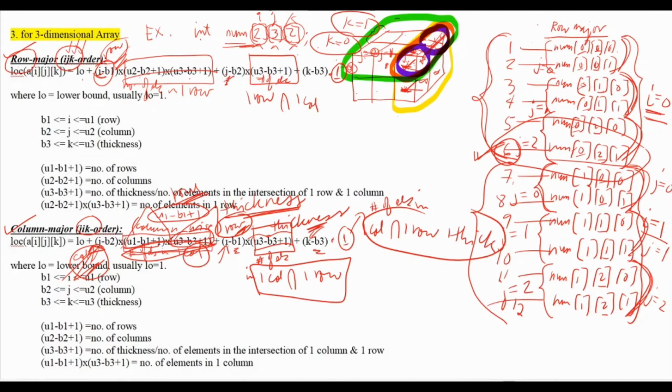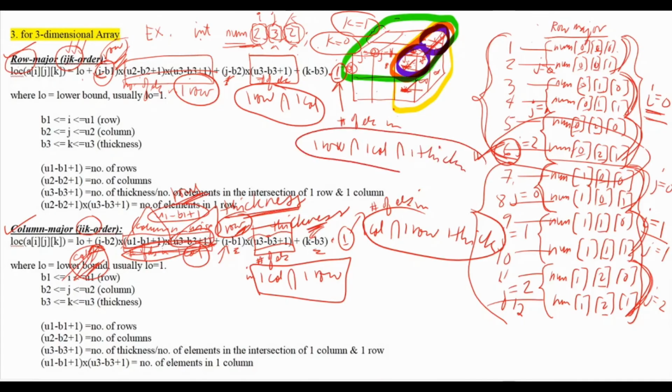Okay, so this one is the number of elements of one column only, while this one is the number of elements in the intersection of one row and one column, while this one is the number of elements in the intersection of one row intersect with one column intersect with one thickness, which is equal to 1.